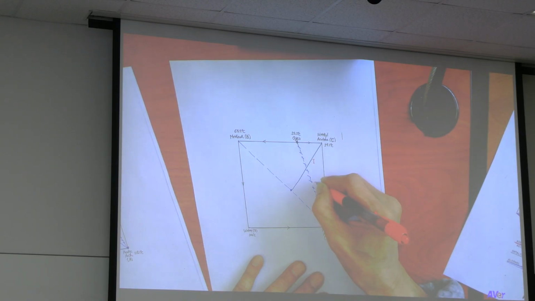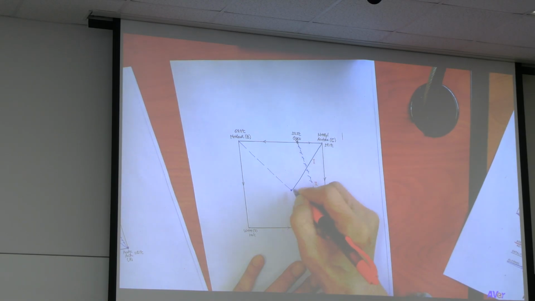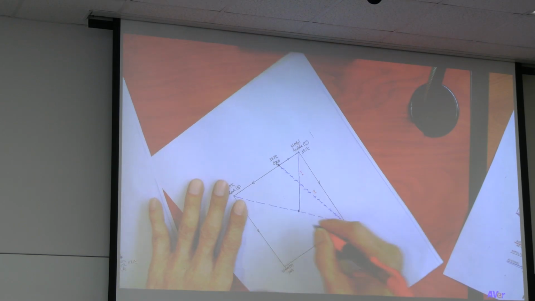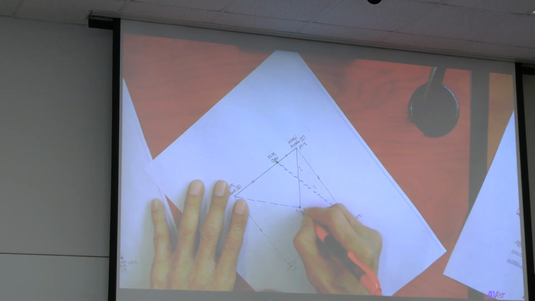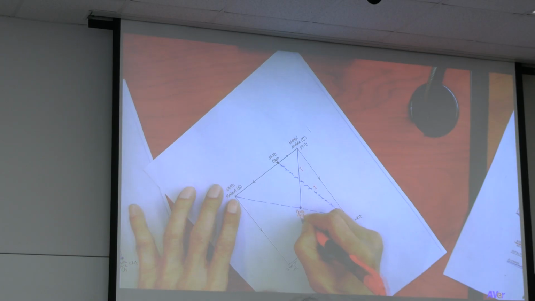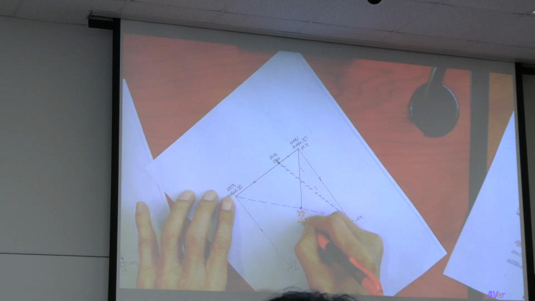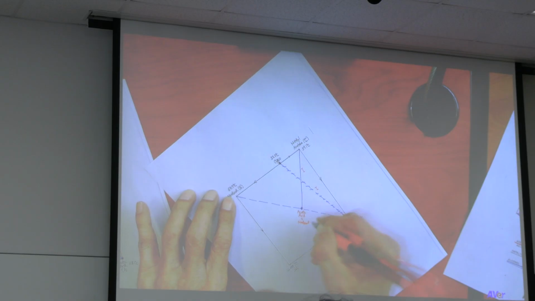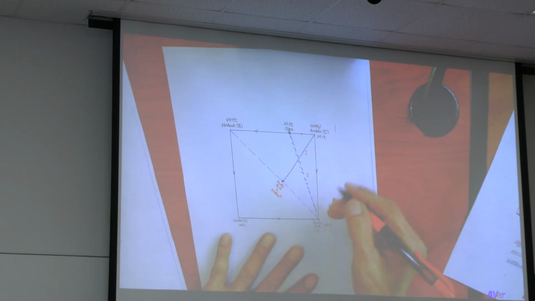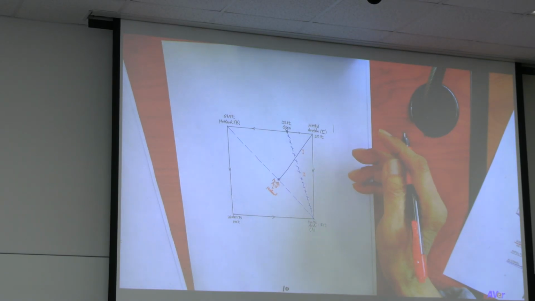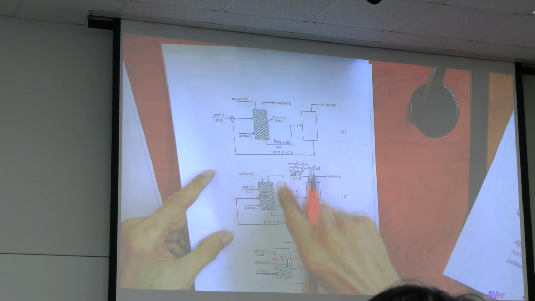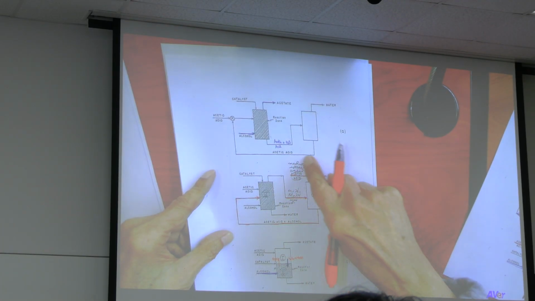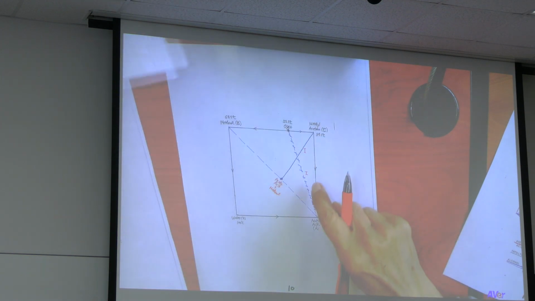This point, acetic acid plus methanol. So, this is what we did, right? That is this.